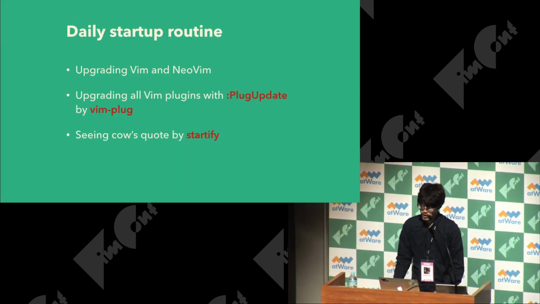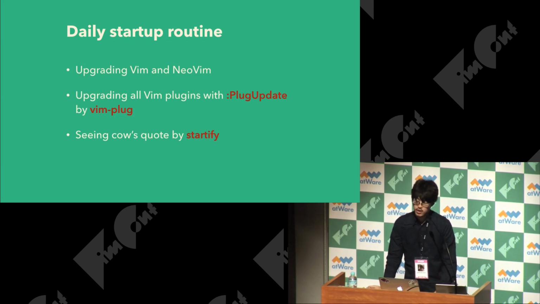All right, so let's dive into the daily routine. So first of all, upgrading Vim and Vim itself, probably using Homebrew, and upgrading all Vim plugins daily, every morning, with the PlugUpdate command via vim-plug.